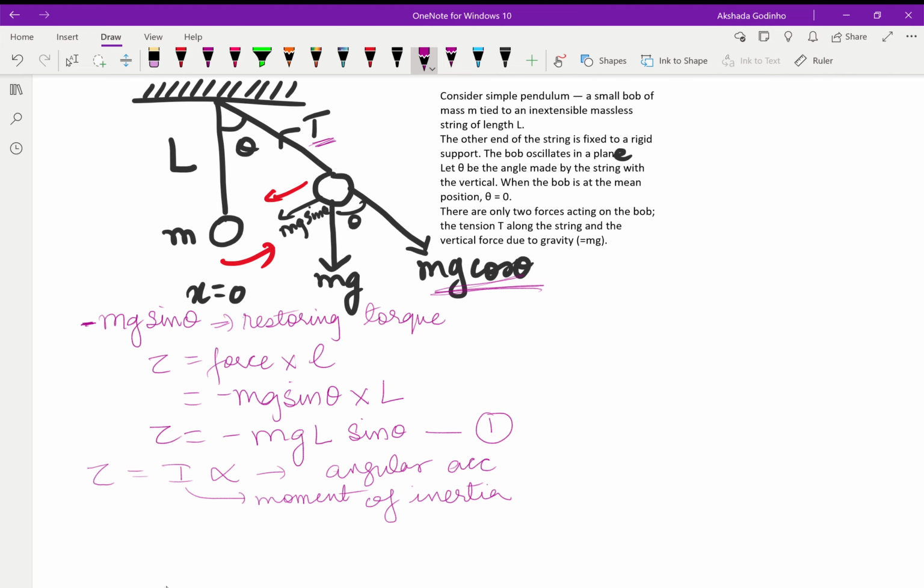We already know this. Now I am going to only do one thing: keep alpha on one side and take the terms on the other side. So I will get tau upon I. I know what is tau, I know what is the torque.